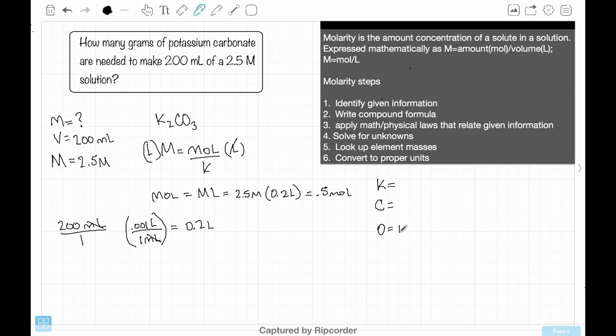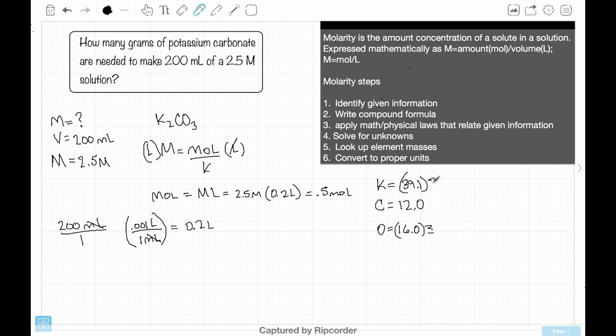For oxygen, we have 16.0, and that's being multiplied by 3 according to our compound formula. Then we have carbon, that's 12.0. That's only one of those. It's not being multiplied by anything. And then for potassium, we're going to use 39.1, and that one is being multiplied by 2.